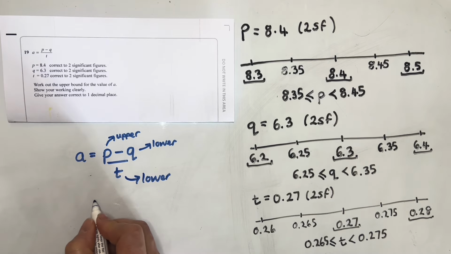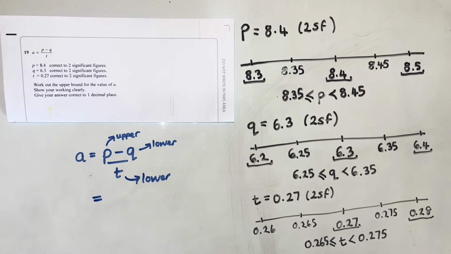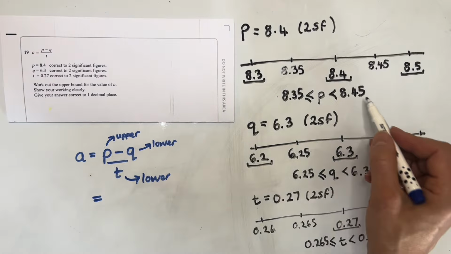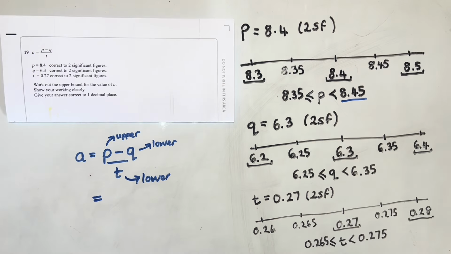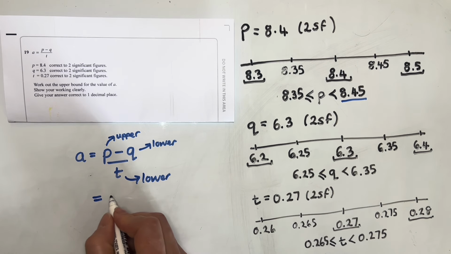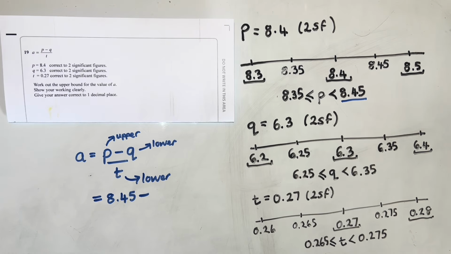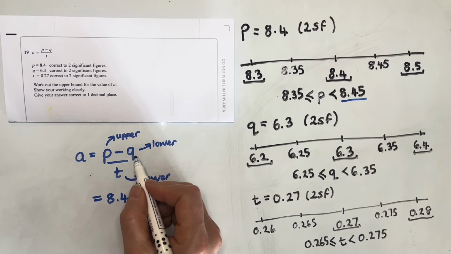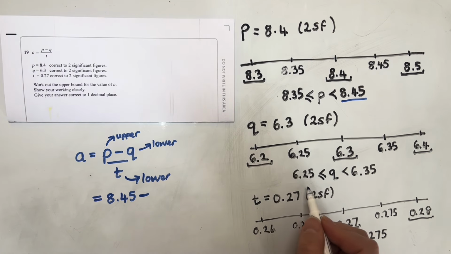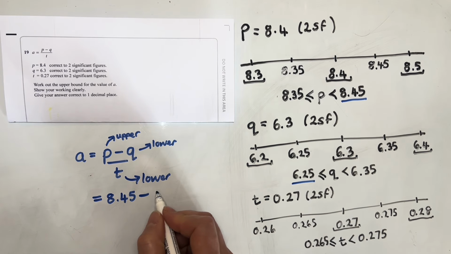This means that our value of A will be the upper bound for P, which is 8.45, and we need the lower bound for Q, which is 6.25.